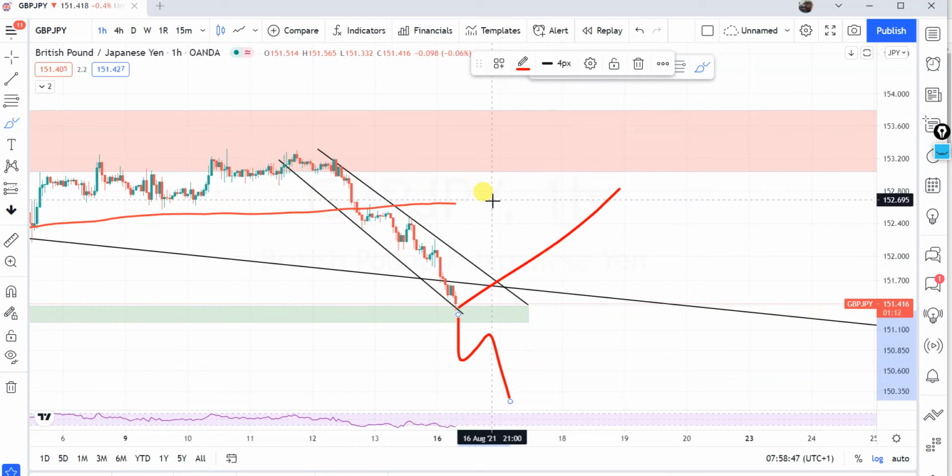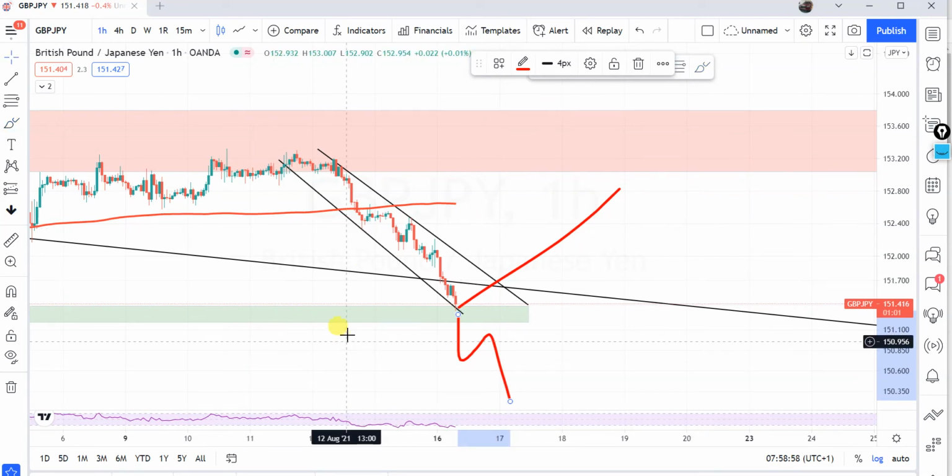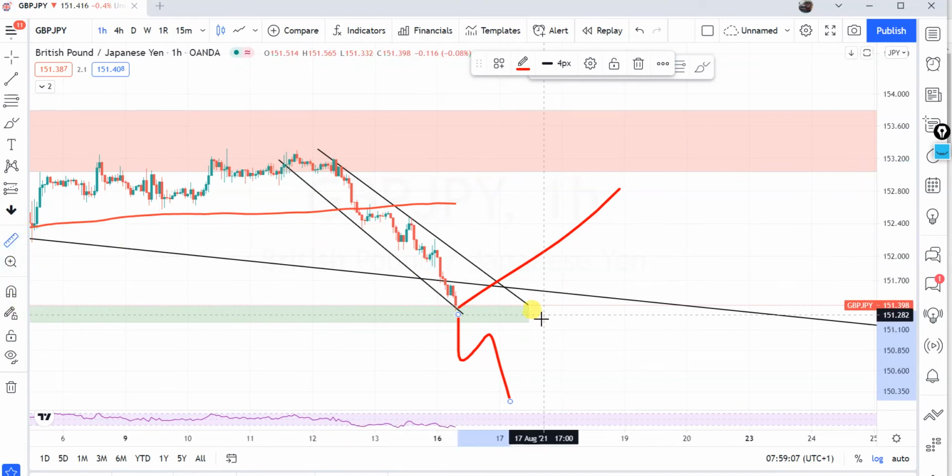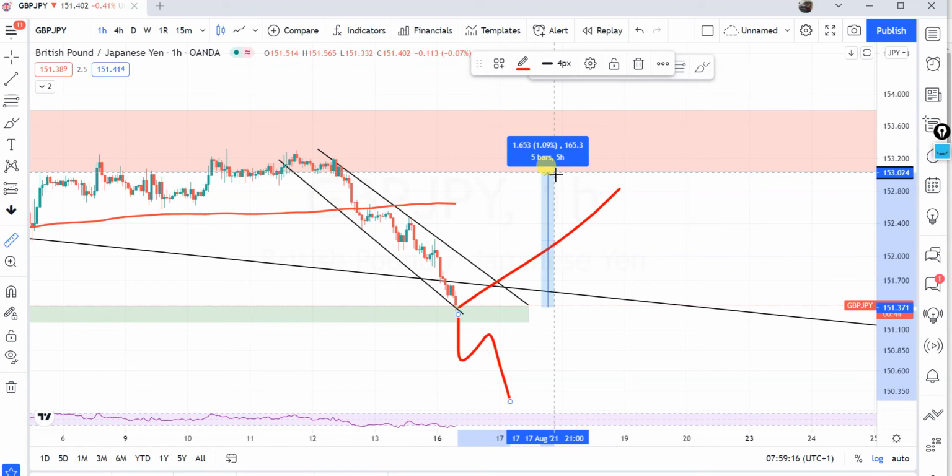So our eyes are on this market now to see what is going to happen next, what price is going to say, so we can take advantage of this market to make an effective decision, because this is at a significant zone, and this market has potential. If it's heading north, it has a potential to move from 151.371 down to at least this level we are seeing here, which is about 165 pips on the 1 hour time frame.